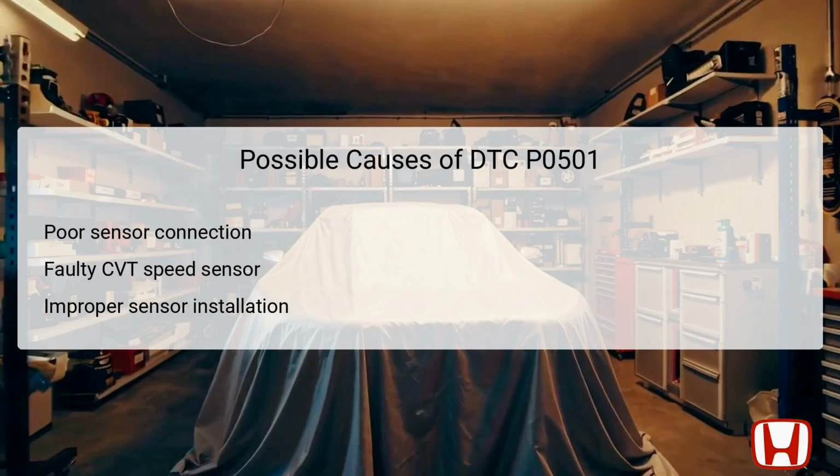Lastly, improper installation of the sensor can also result in misreadings, which prevent it from relaying accurate data to the TCM. It is crucial to consider all these potential causes when diagnosing the problem, as each can lead to significant performance issues in the CVT system. Addressing these causes effectively will help restore proper functionality of the speed sensor.